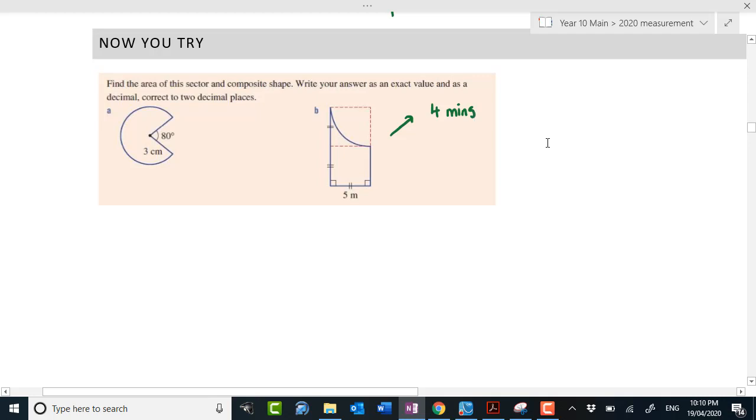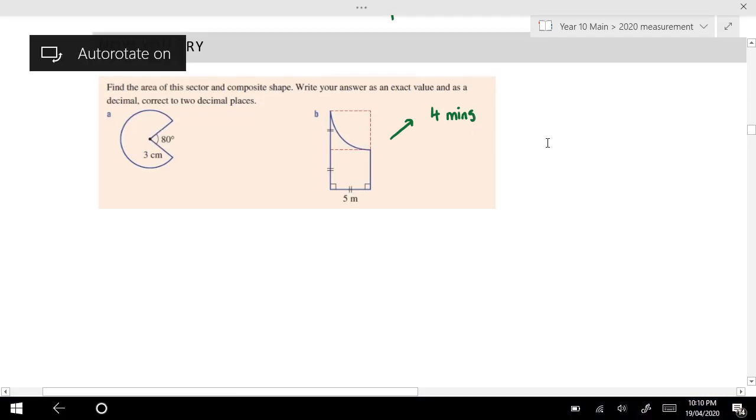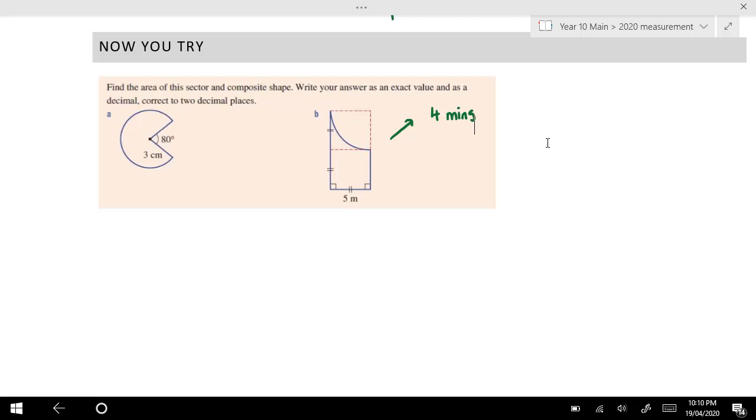Okay, so I'm going to go through the solution of these just quickly, and this will sort of finish us up. All right, so we've got the area of the sector, and we've got a composite shape. So first of all, area is equal to the fraction of a circle, theta over 360, times pi r squared.